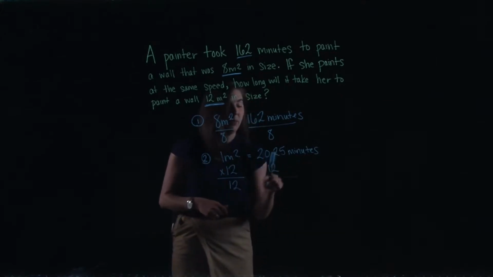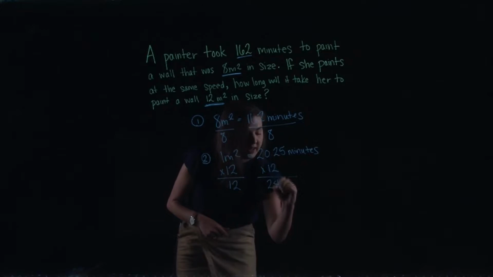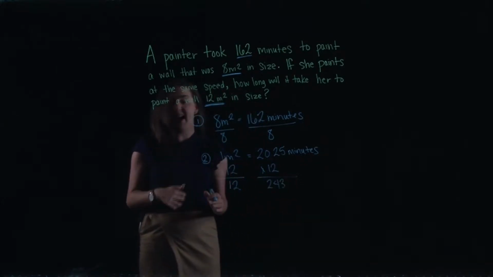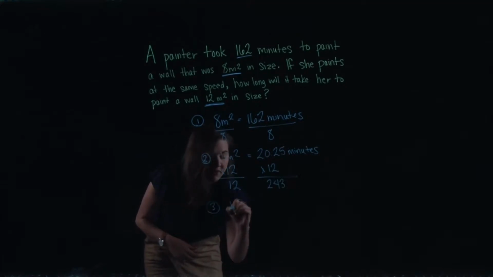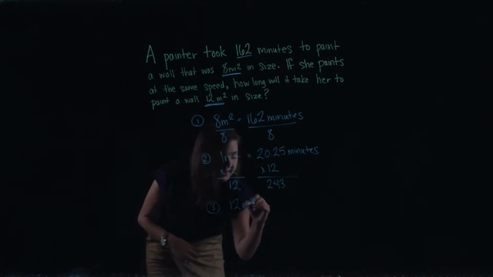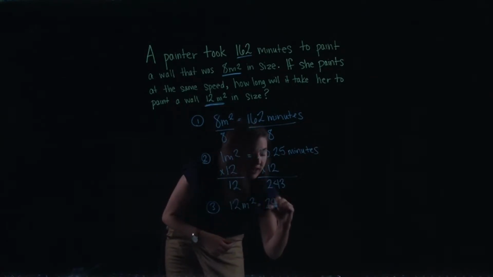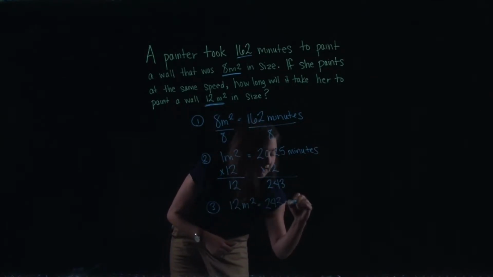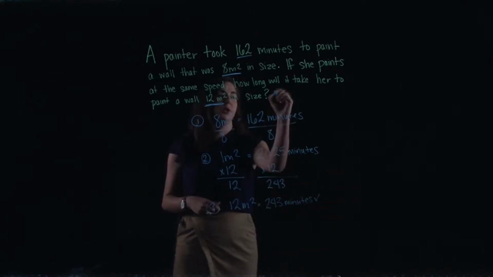And we see that 20.25 multiplied by 12 is 243. So the very final step of this problem shows us that for a wall that is 12 meters squared in space, it will take the painter 243 minutes to paint it, which is the answer to our original problem.